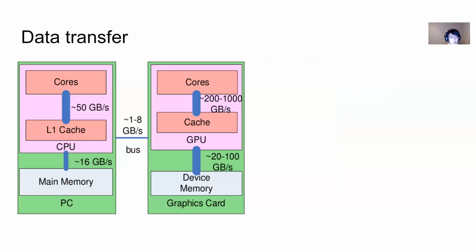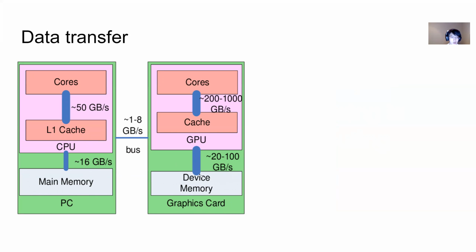And the data transfer. Here is how we use the GPU for computing. We need to transfer the data from the PC, from the main memory, to the GPU. The GPU has a device memory, so we need to transfer it.